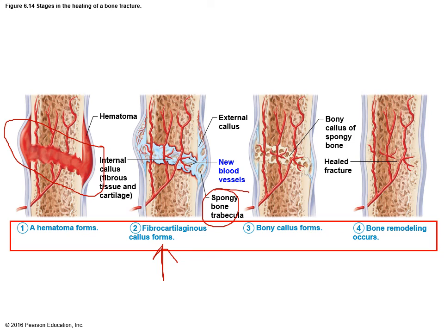And as the cartilage is replaced by bone, we now form a bony callus. The bony callus, you can see right here being highlighted within the spongy bone area, and then eventually this section right here that has spongy bone will be replaced by compact bone.